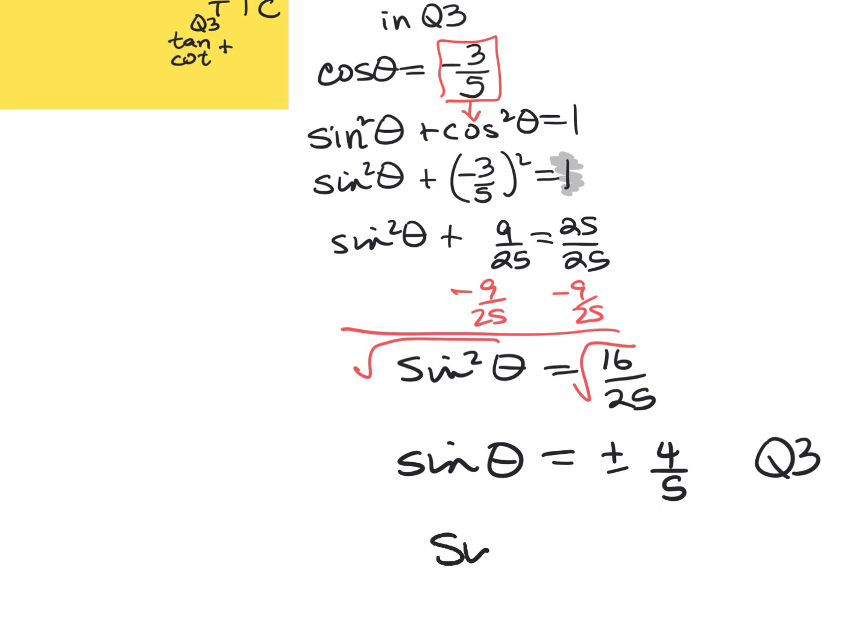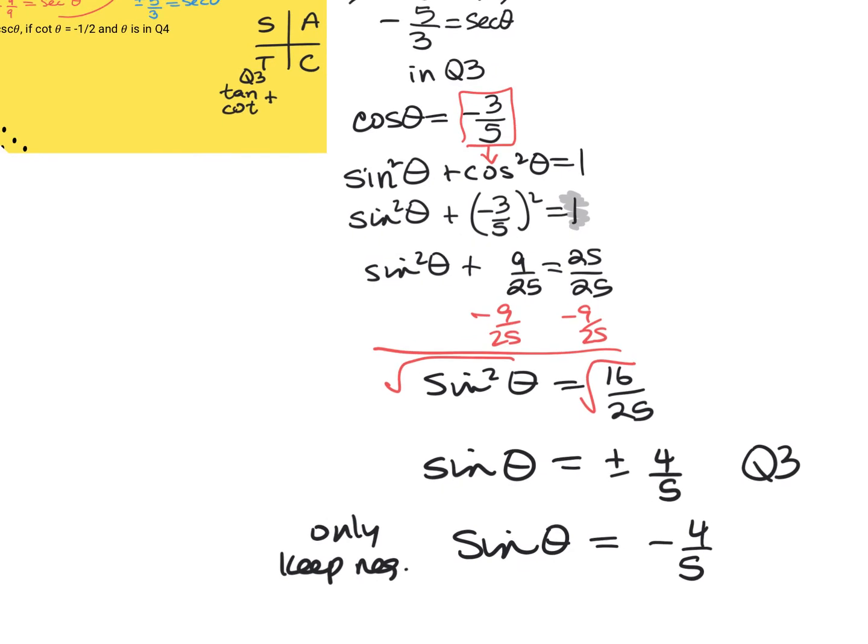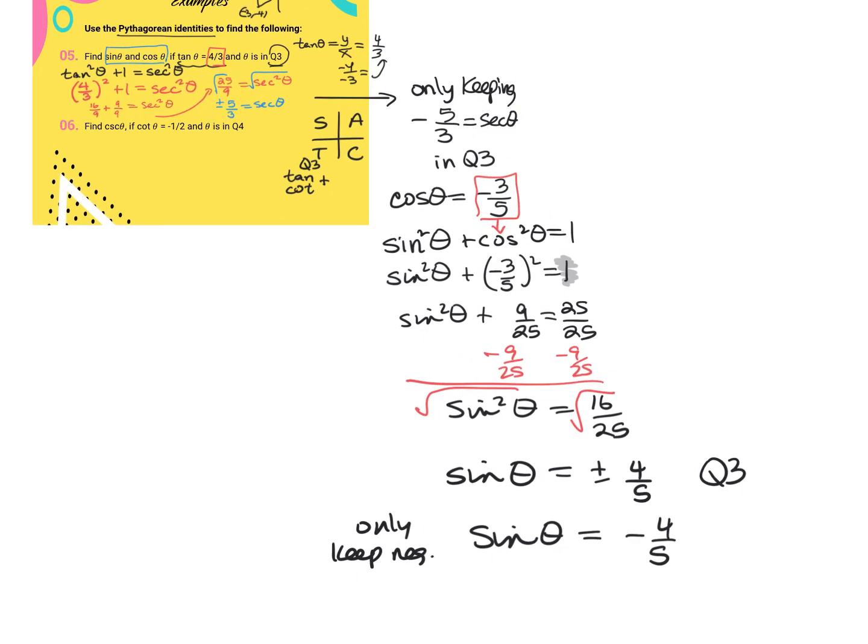So I'm going to only keep the negative here. So sine of theta is negative 4/5. So again, my two answers here: sine theta is equal to negative 4 over 5, and cosine theta is equal to negative 3 over 5.